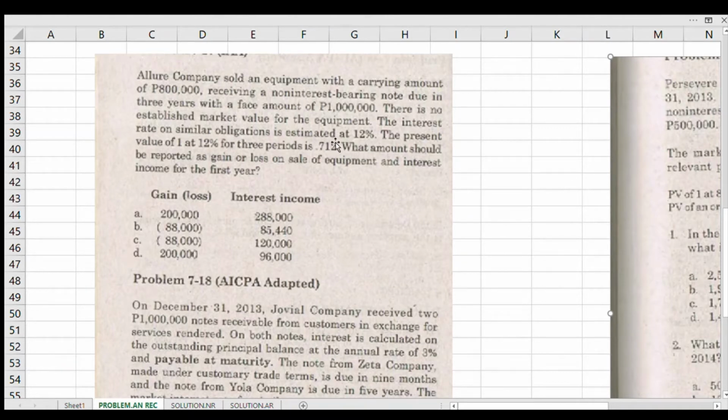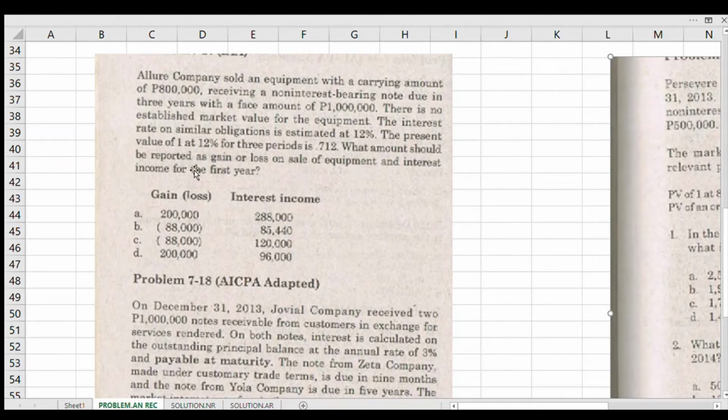So we can compute the present value of the note receivable by using the effective rate of interest, which is the 12%. The present value of 1 at 12% for 3 periods is 0.712. Actually, this is a one-time payment. That's why it is a present value of 1.